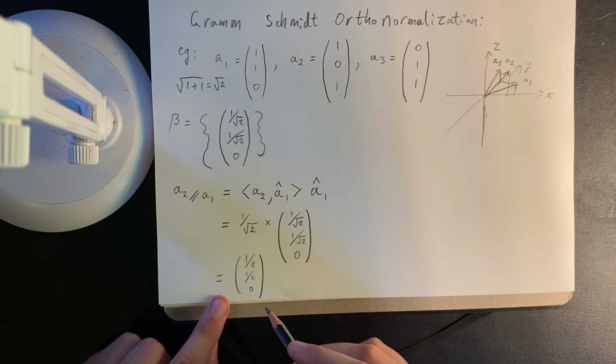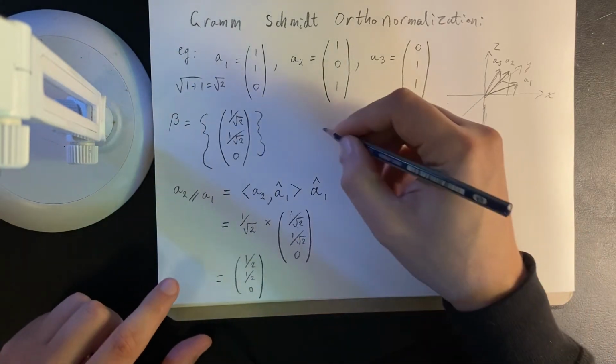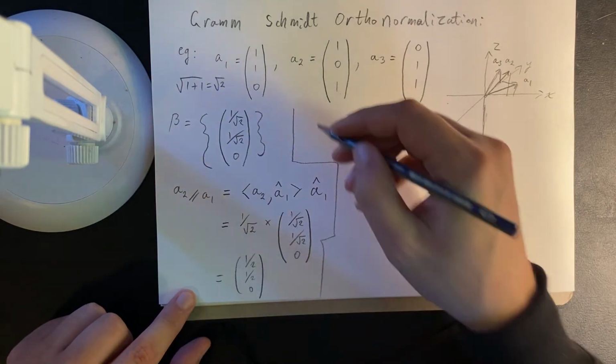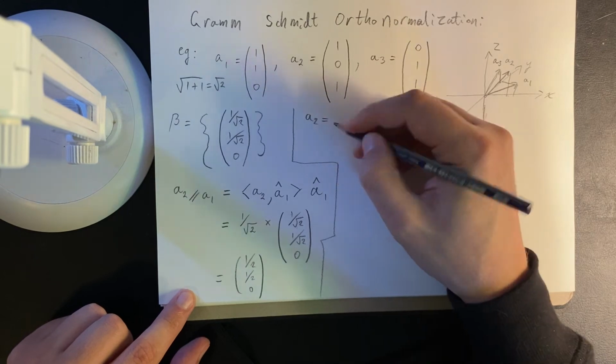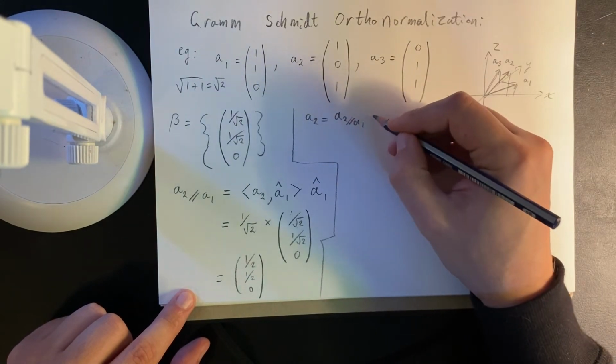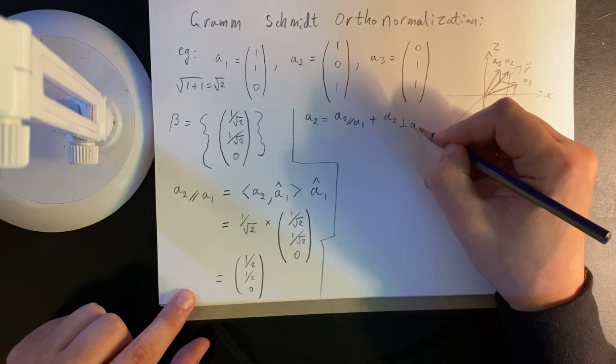So in order to get the parallelness removed, we simply subtract it. We know that A2 is the part of A2 parallel with A1 plus the part of A2 perpendicular to A1.